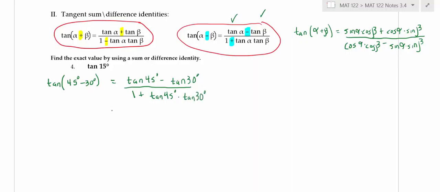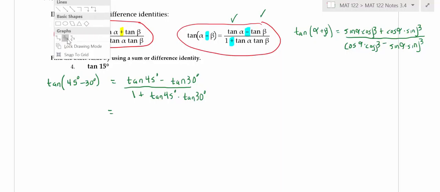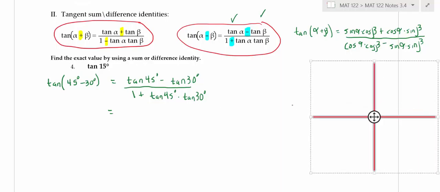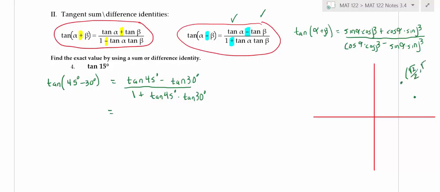Okay, all right, so now let's take a look at a unit circle, and look up a couple of things here. What we're going to look at is 30 degrees and 45 degrees. At 45 degrees, the point on the unit circle is square root of 2 over 2, square root of 2 over 2. And at 30 degrees, the point is square root of 3 over 2, 1/2.